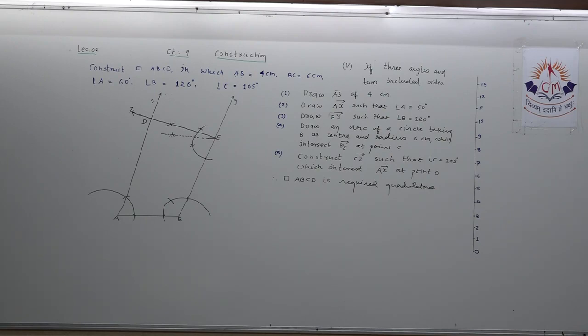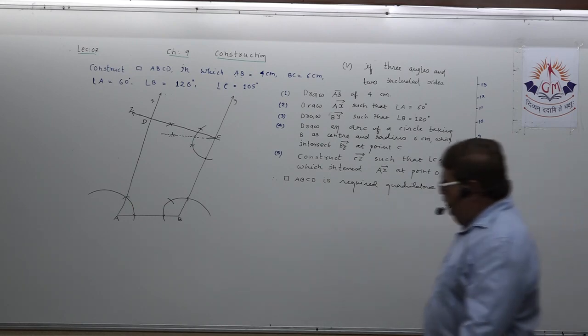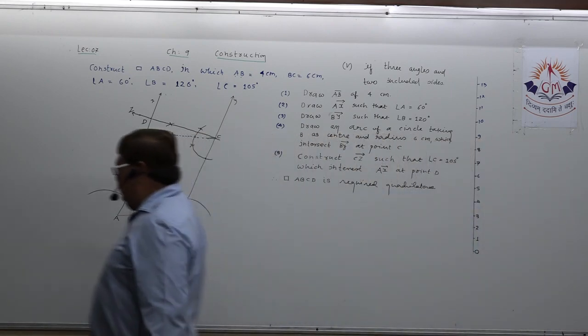At the same time, tally each and every step which we have done, how we have realized angle at vertex A of 60 degree, then at B angle of 120 degree, then at C 105 degree, understand? And then we did the complete construction.